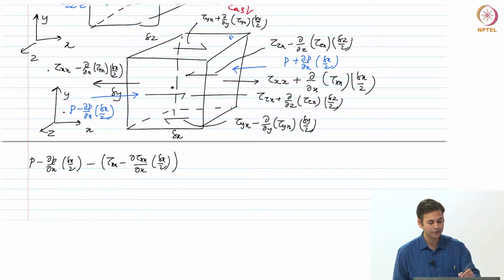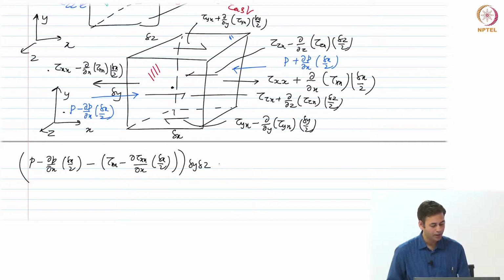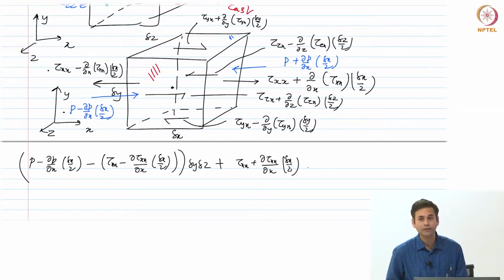On which they are acting, that is this one, this is delta y times delta z. So, if I multiply this with delta y delta z, then what else do I have? I have on the east face plus tau xx plus partial tau xx by partial x delta x by 2, acting in the positive x direction.